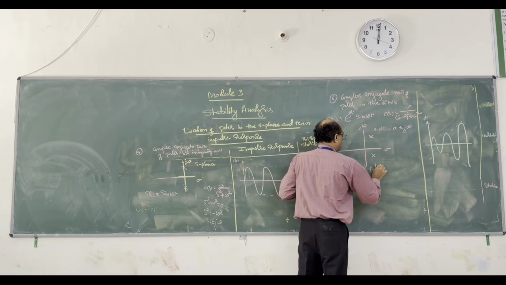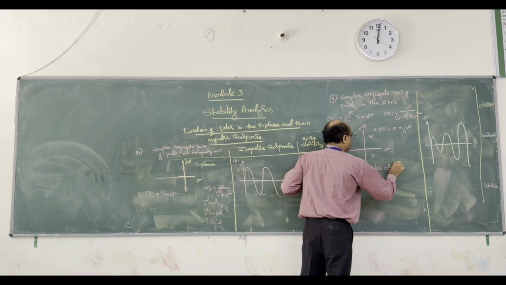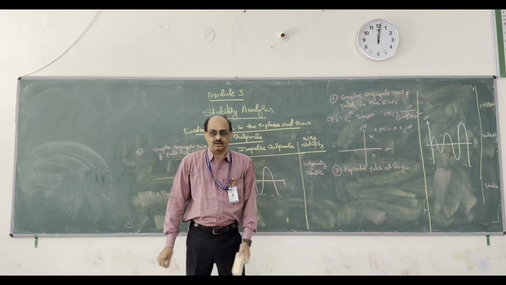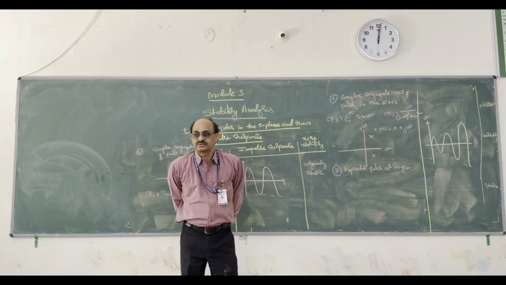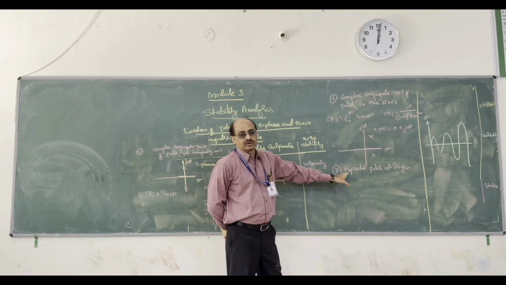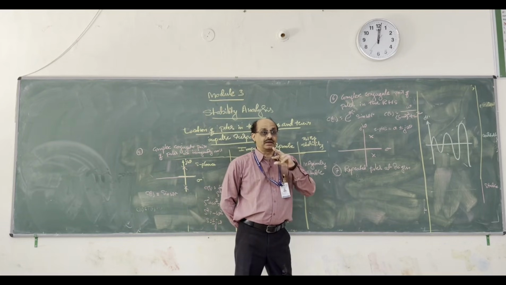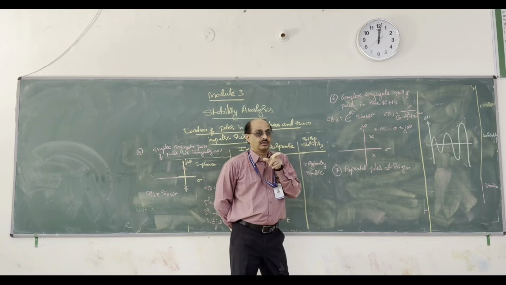Repeated poles at origin. Repeated roots are roots of the characteristic equation, the poles of the closed loop transfer function, that are repeated. Remember, we have seen a single root at origin.